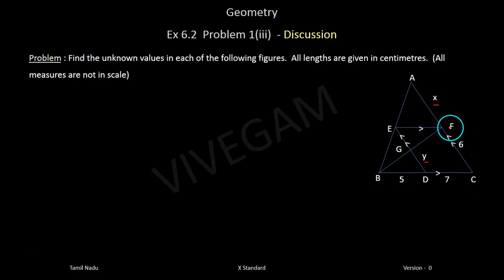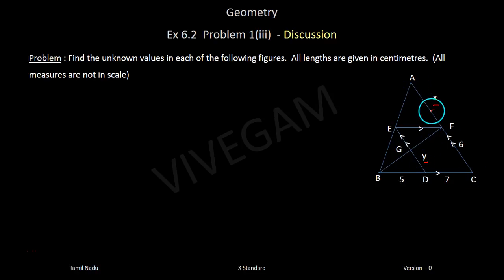That is, CFED is a parallelogram, and in a parallelogram opposite sides are equal, so DC equals EF, that is equal to 7. So first find EF, then find x using the similarity between this triangle and this triangle.